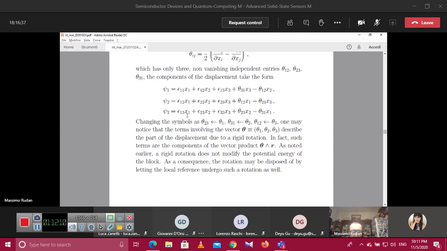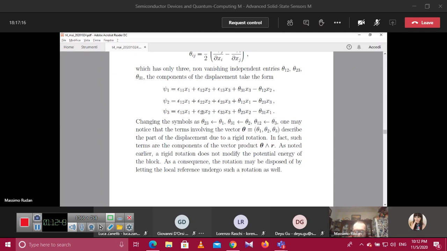So globally, these expressions show that a displacement can be written as the combination of a rotation here, that is a rigid rotation, and a deformation described by the strain tensor, okay? We already anticipated that the rotation can be disposed of because this rotation has no effect on the potential energy.